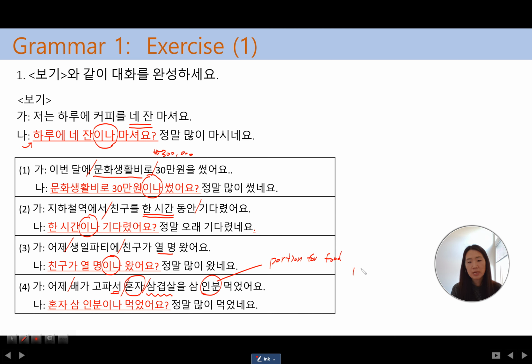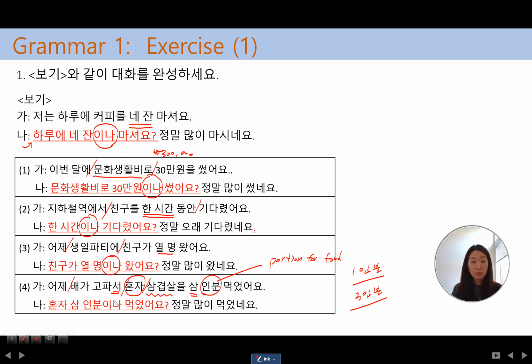For example, 1인분 is the portion for one person. But 3인분 is the portion for 3 people. So 혼자 삼겹살을 3인분 먹었어요. I was really hungry yesterday, so I ate almost 3 people's portion of 삼겹살 by myself.